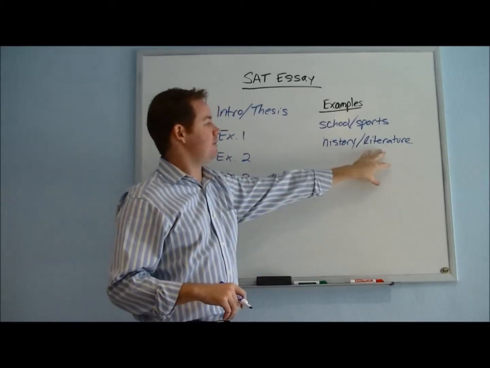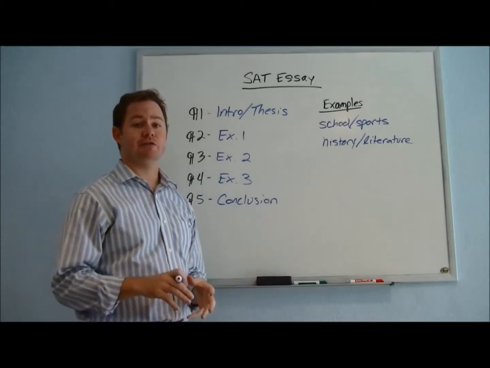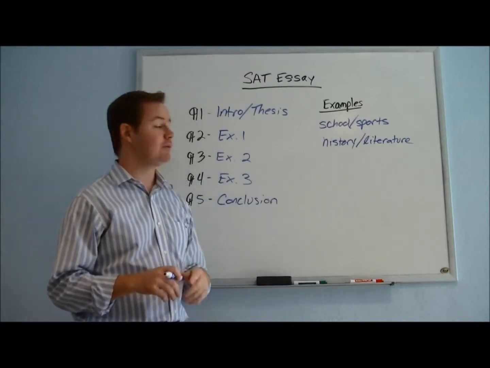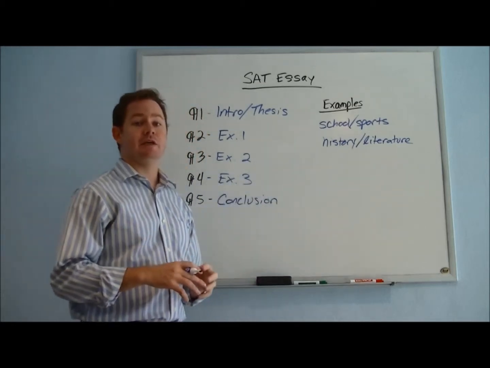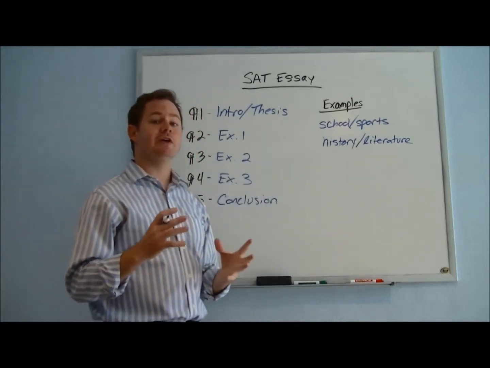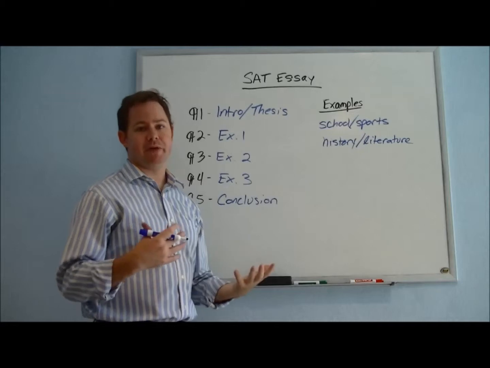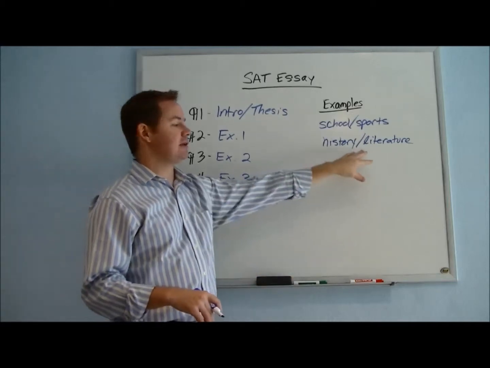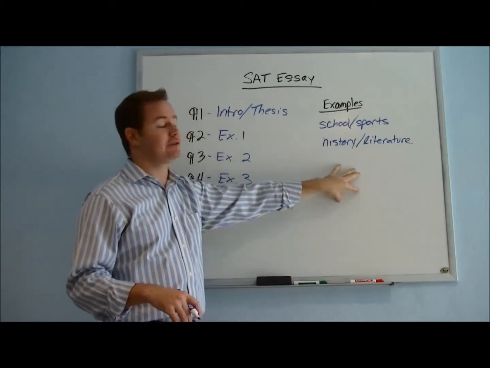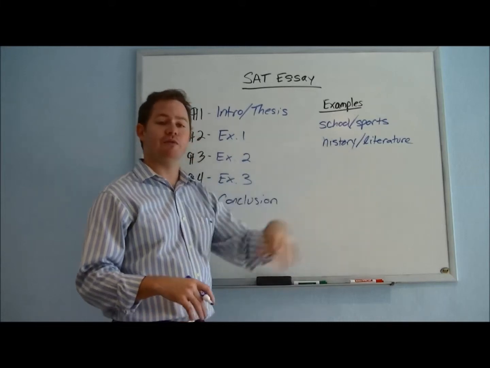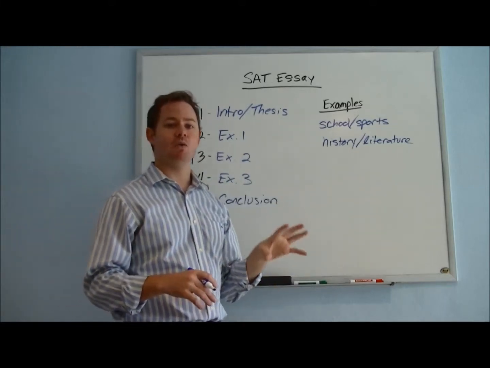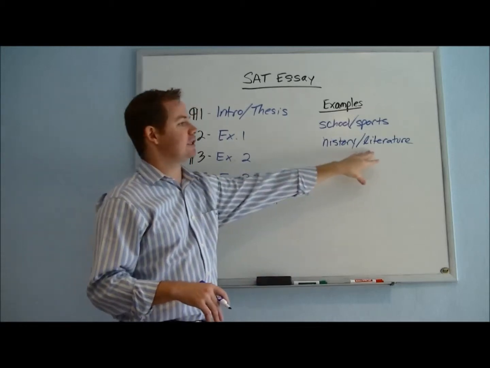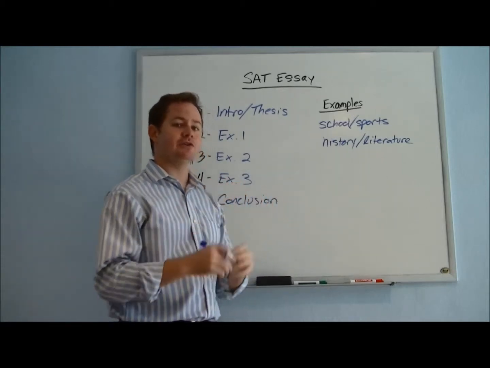And the reason that these are 2 good areas to select from for that second topic for your example is because you can think about these ahead of time, and you can take an area of history or an area of literature that you know quite a bit about, and you can apply that to many different kinds of prompts that you see. So it's helpful if we have one of those already thought of before test day so that no matter what prompt we see, we know what example we're going to use and kind of tweak so that it fits the prompt exactly.